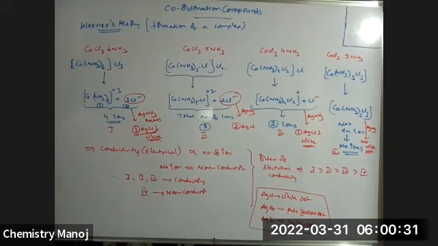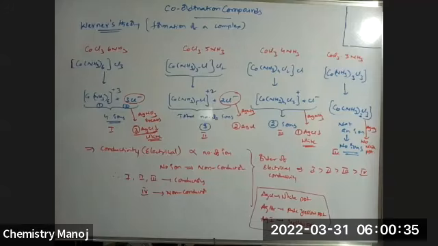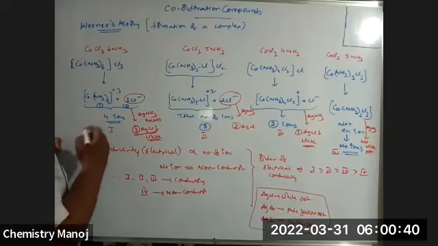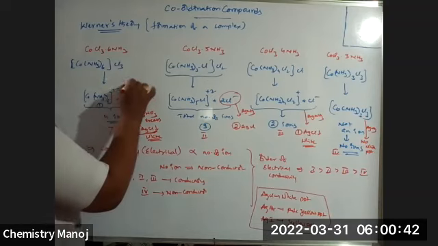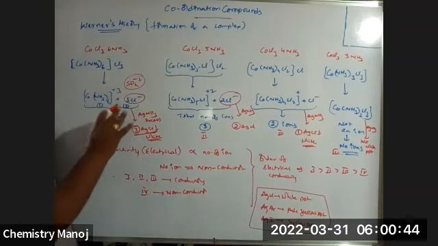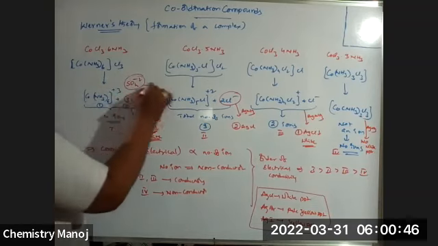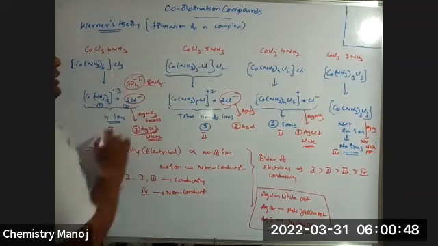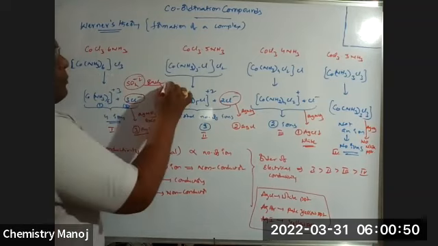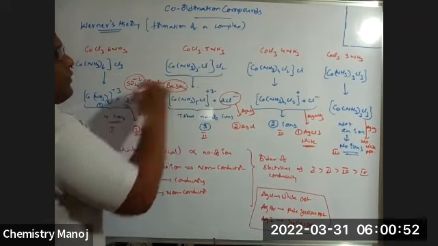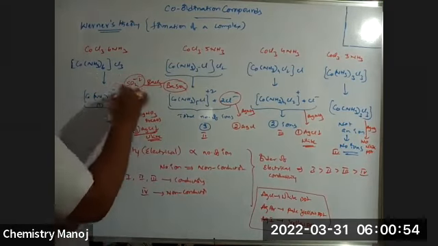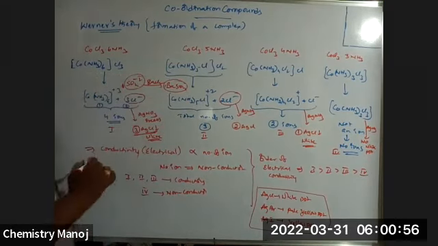Next, for example, if an SO4 2 minus ion is outside, not here, but if it exists, and it is treated with BaCl2, it gives BaSO4, barium sulfate. One sulfate ion outside gives one mole of barium sulfate, a white precipitate.